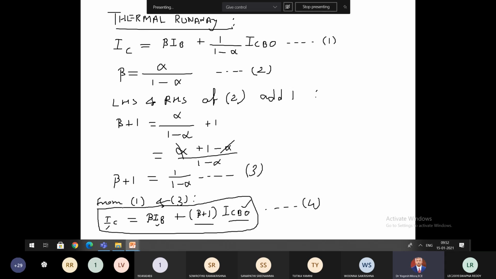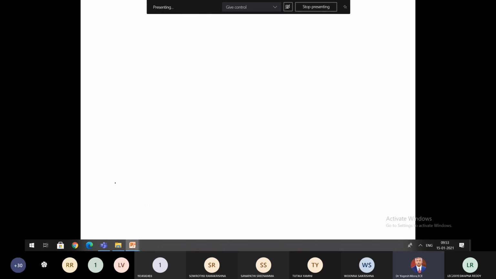So we have to do the stabilization. Stabilization means that if IC is increasing or if beta is changing, your operating point should not change. It should remain the same. So now there is one term called stability factor.